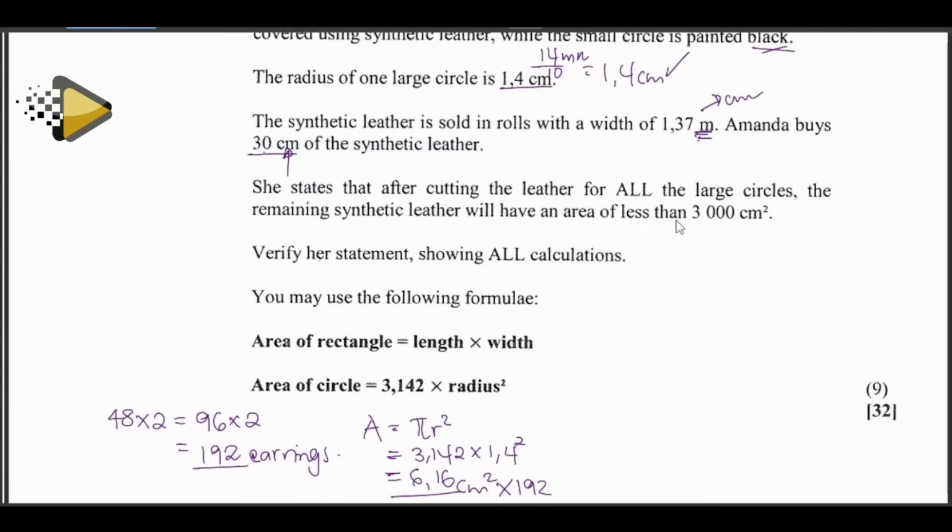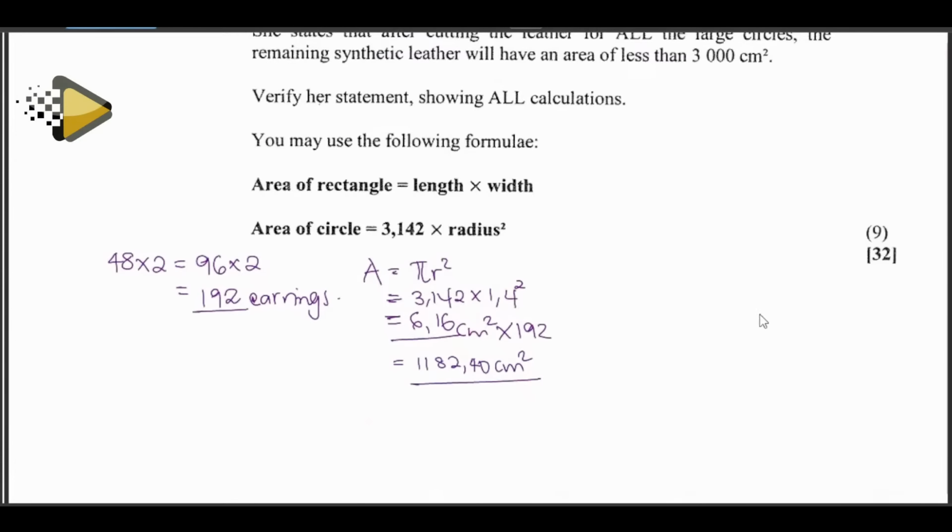So we shall say 1.37 meters times 100, giving me 137 centimeters. So the width is going to be 30 centimeters. So the total area that was bought is going to be 137 times 30.